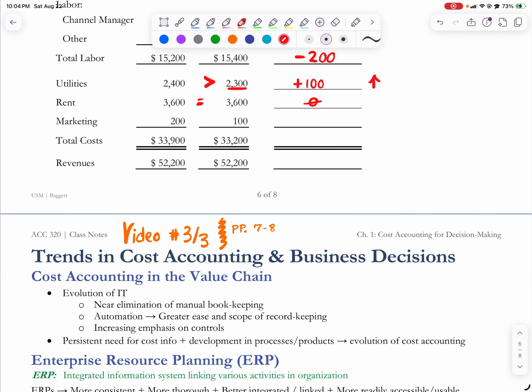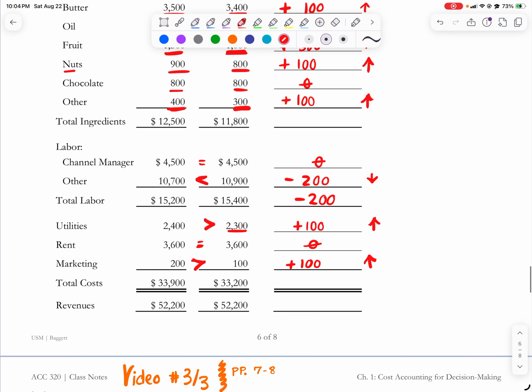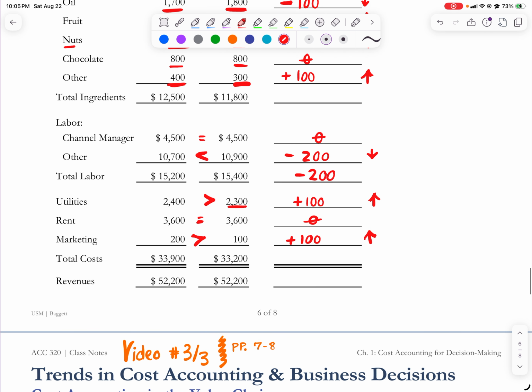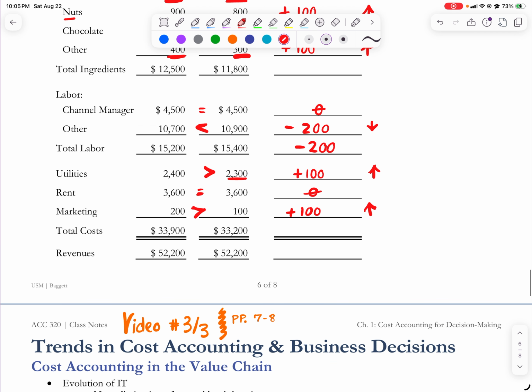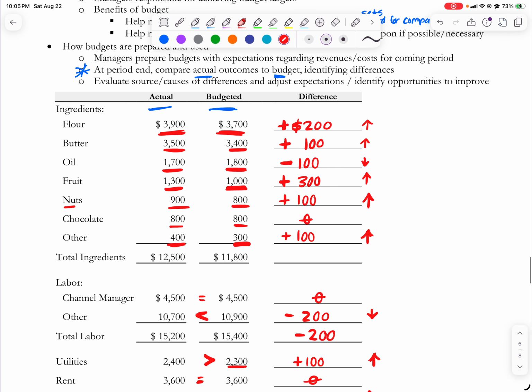For rent, for marketing, thought I would spend $100, ended up spending more than that at $200. 200 minus 100, so costs were $100 higher. Revenues, thought they would be $52,200. They were $52,200, so no difference for those.